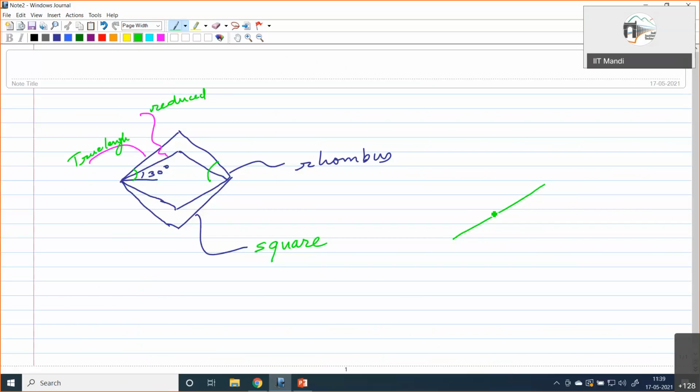So at 45 degrees, we have the true length, while at 30 degrees, we have the reduced length. Okay. So you have this line, 45-degree incline, true length. And this one, 30-degree, has reduced length.